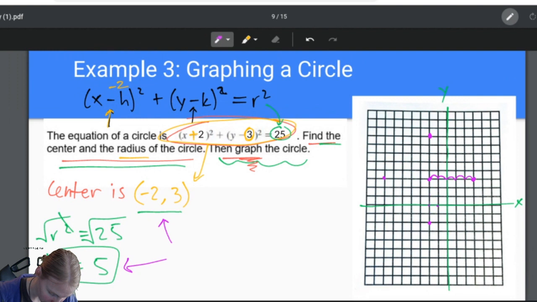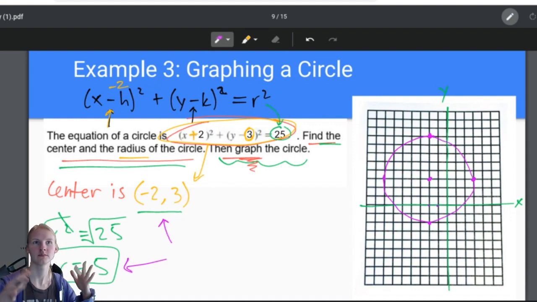Perfect. Now I know what you're thinking. Mrs. Dodge, a circle is the collection of all points 5 units away, not just up, down, left, and right. Yes, you are correct. But this at least tells me where I need to connect. So I can draw a decent circle.